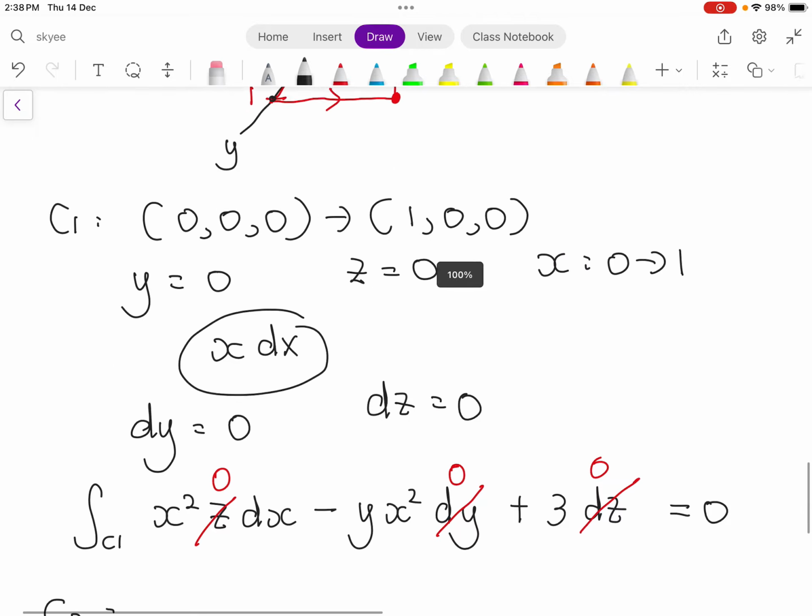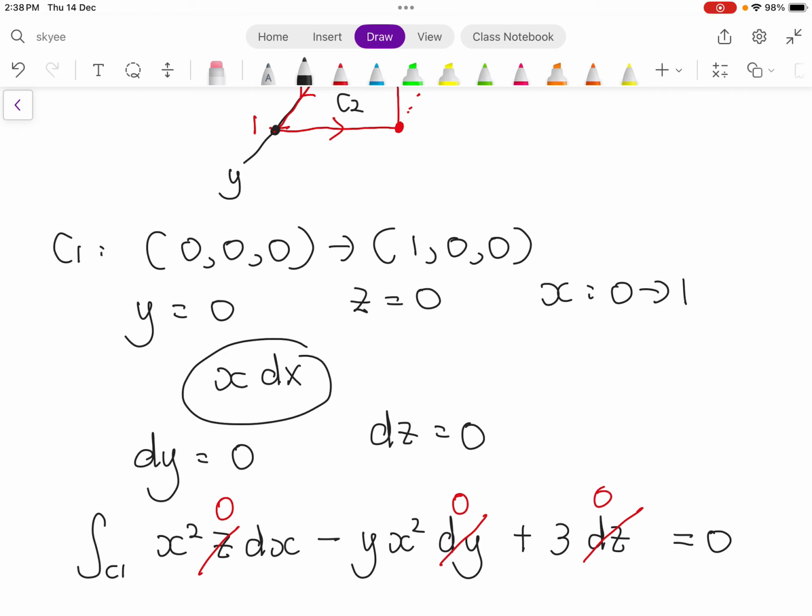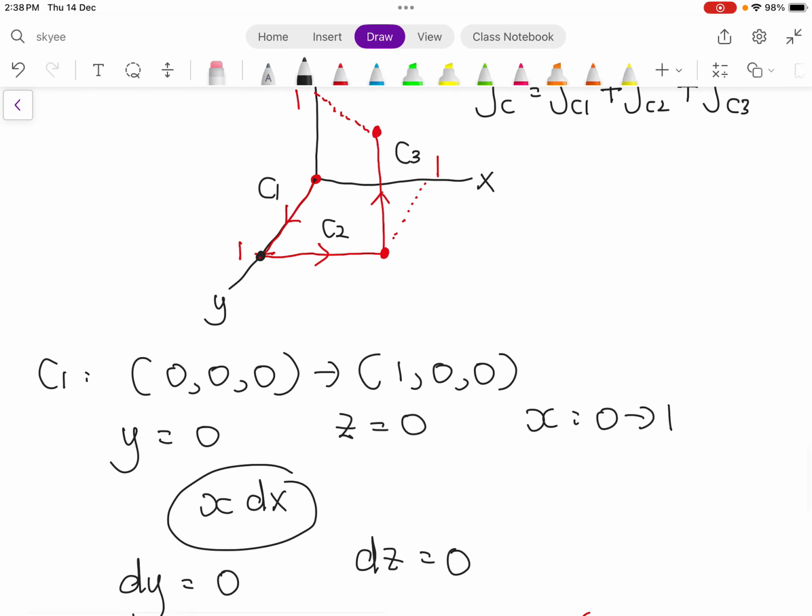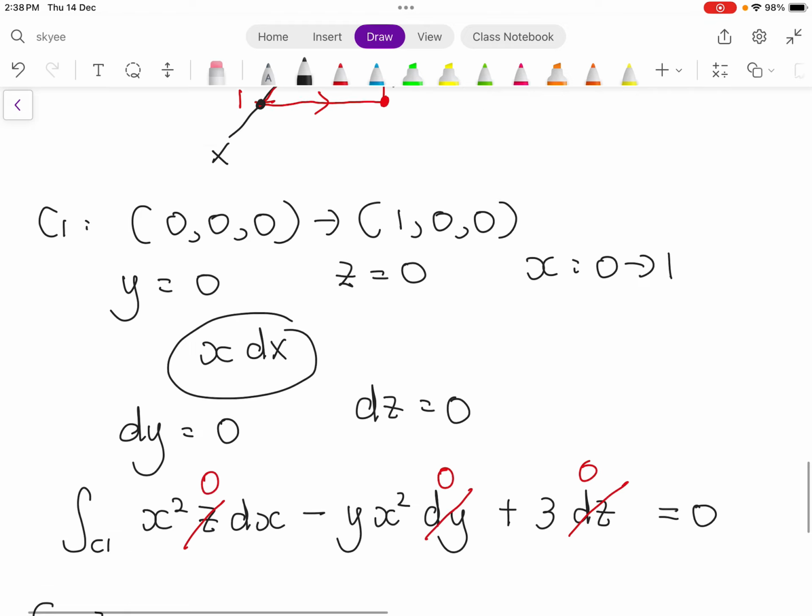Path C2 is from, oh sorry, I got the wrong label. This will be y, this will be x. C2 will be from (1, 0, 0) to (1, 1, 0).